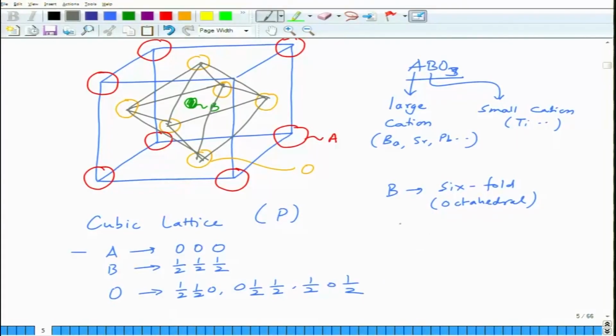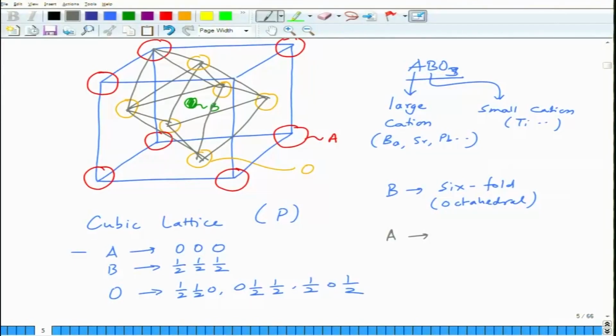What about A atom? If you look at A atom here, let us say this A atom, it has one neighbor here, it has another neighbor there, another neighbor there. 3 neighbors are present in this unit cell, and it's going to be shared by 8 unit cells, right?